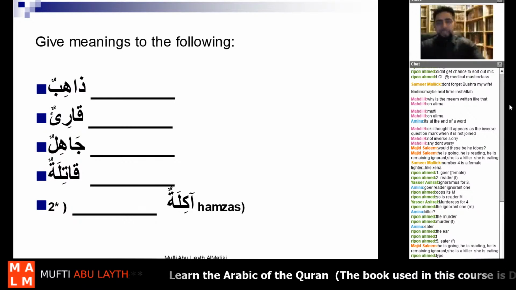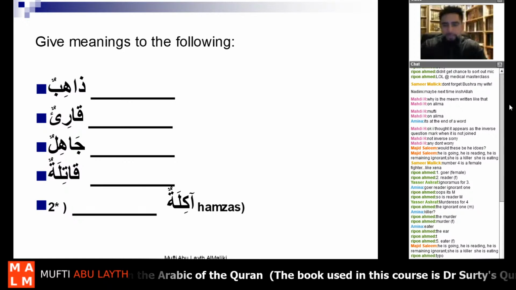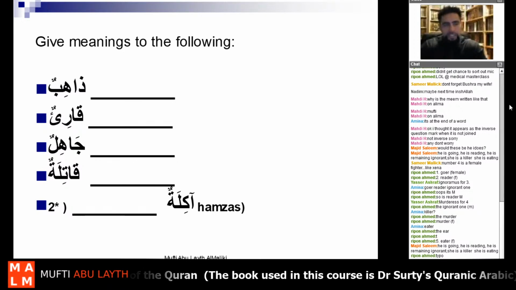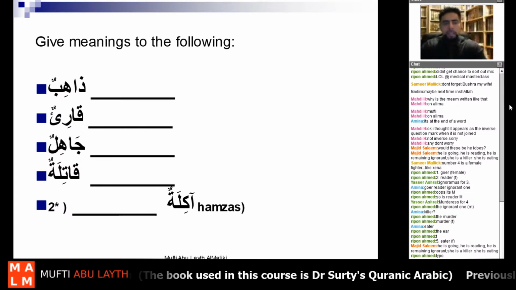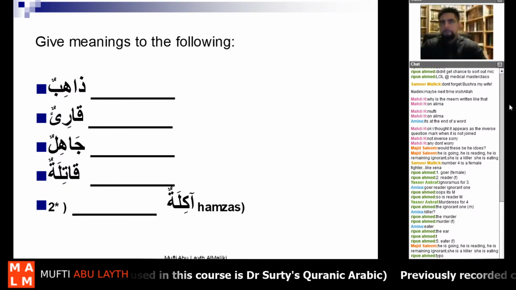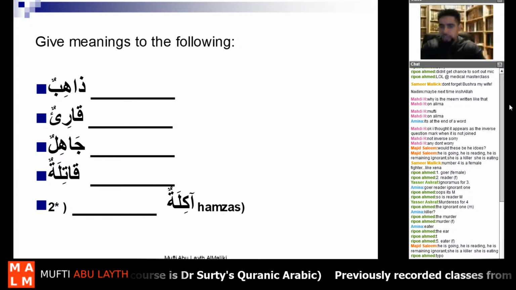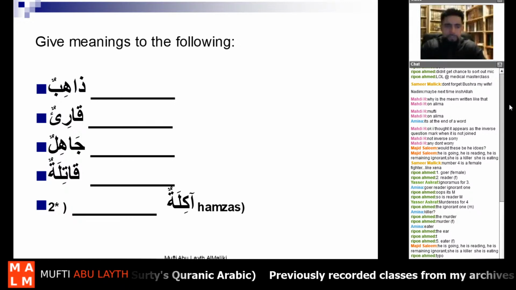Right, now, you see, the interesting thing here is that we can translate these. Dhahib as, like you've said, goer, although that doesn't perhaps make too much sense, but we're getting the gist of what it's trying to say, or as going, a person that is going.